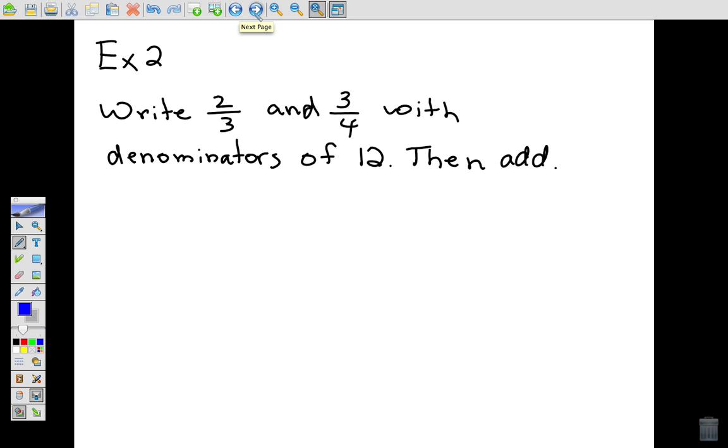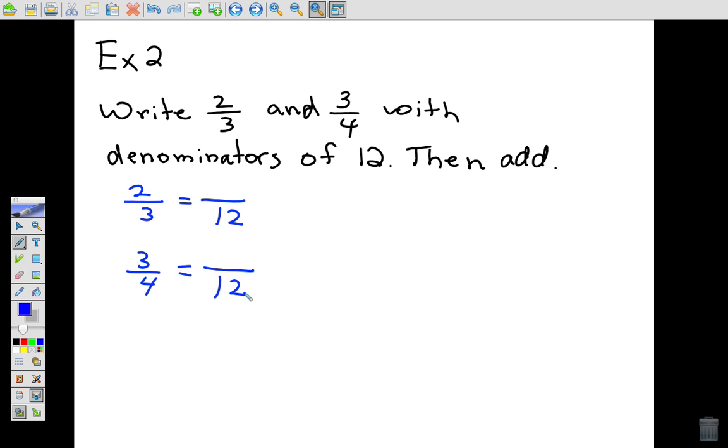All right, example 2. Same idea. It says write 2/3 and 3/4 with denominators of 12. So I want to take 2/3 and write it with a denominator of 12. And then I want to take 3/4 and write it, or rename it, with a denominator of 12.